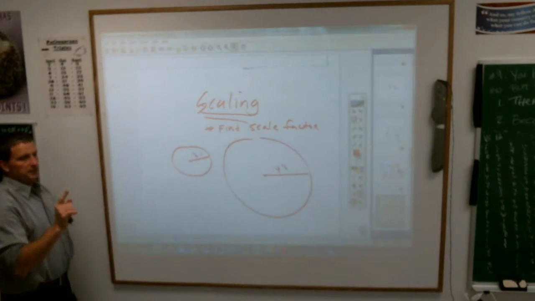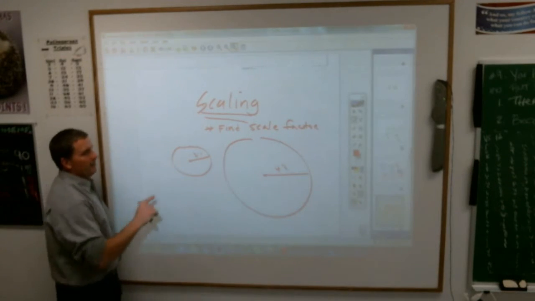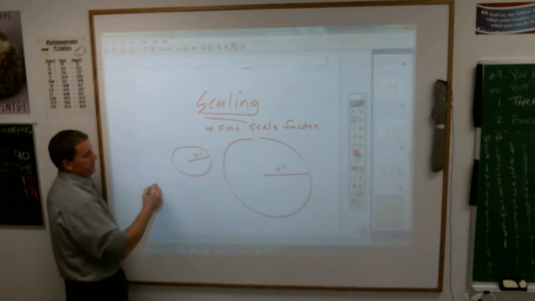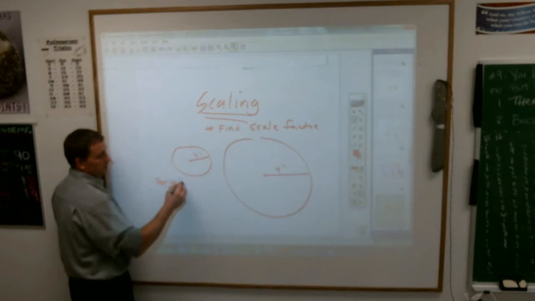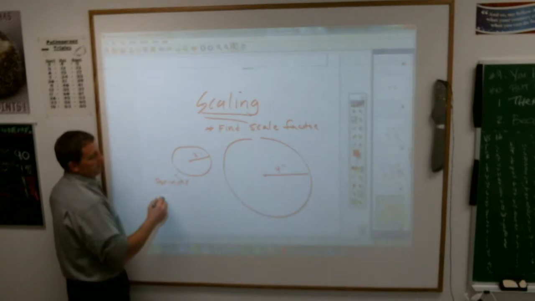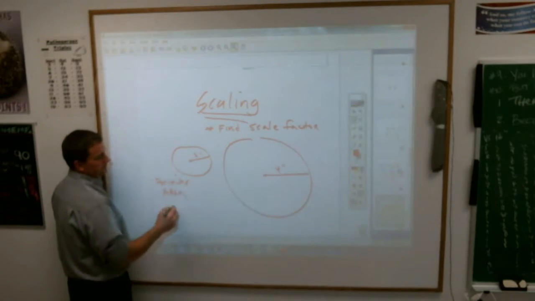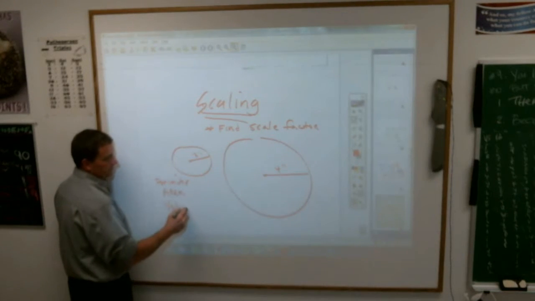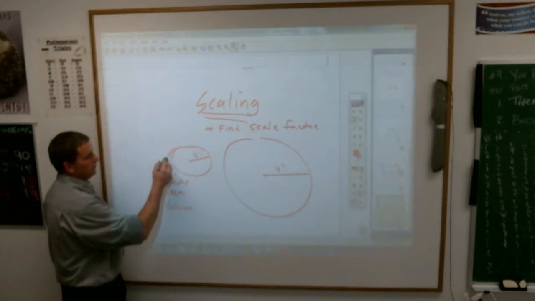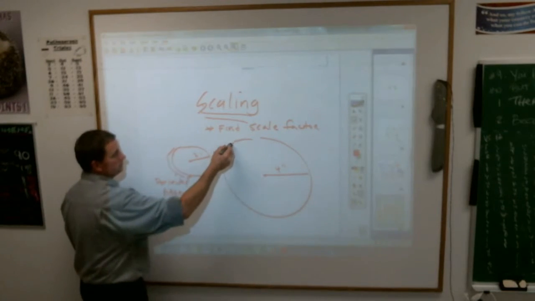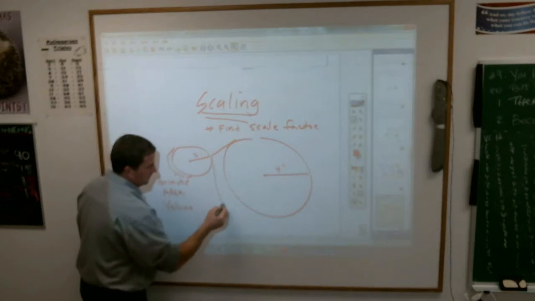The three things we're going to look at are: how does that change its perimeter, which in the circle's case is called its circumference, and how does that change its area? And I guess we can't really talk about volume because I didn't give it any volume. This is twice as big.